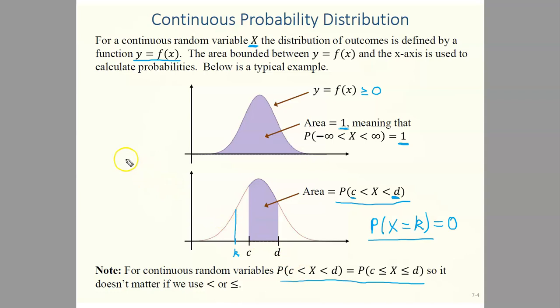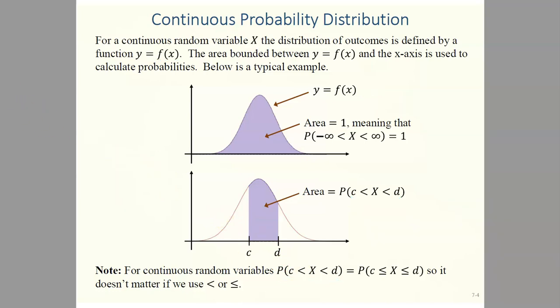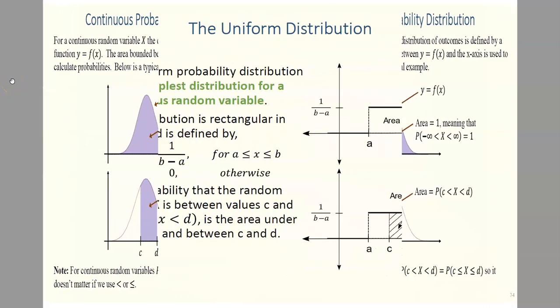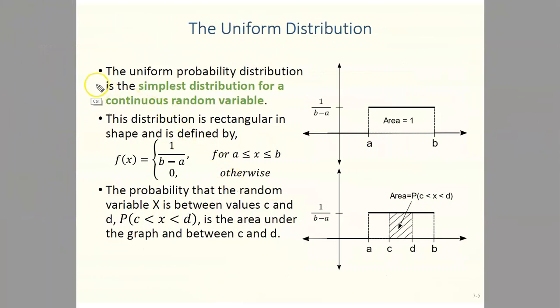Now let's take a look at the uniform distribution. Now the uniform probability distribution is the simplest type of distribution for a continuous random variable. And the distribution is rectangular in shape, and it's represented by a function like this.